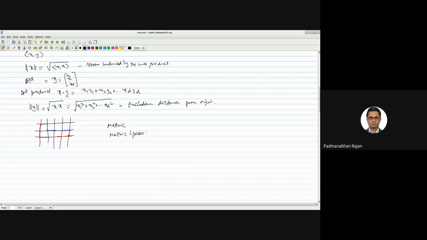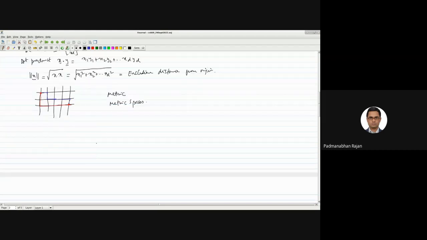We are considering only real valued vectors, I mean the underlying field is R, and the vectors themselves are also in R. So this was one example of a distance. We'll see this distance once again.